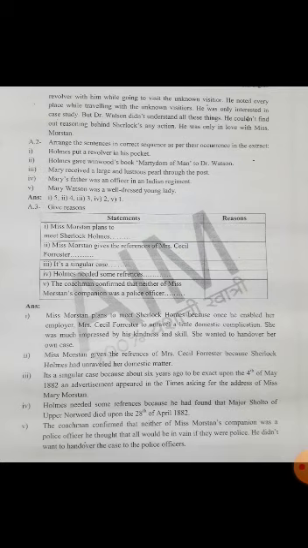Fifth, the coachman confirmed that neither of Miss Marston's companions was a police officer. He thought that all would be in vain if they were police. He didn't want to hand over the case to the police officers.